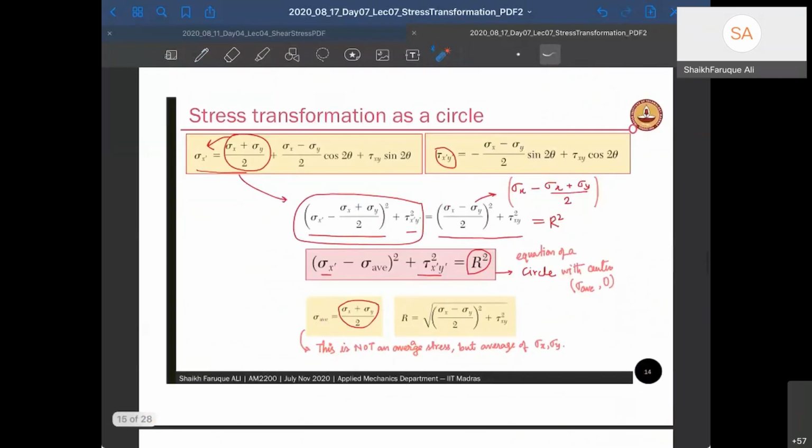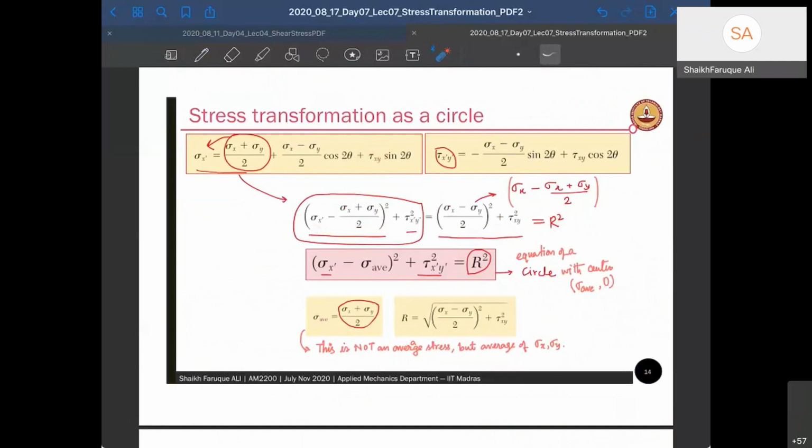Also, we said there was an interesting finding: if you take sigma x dash minus the average stress along a plane, and then add the square of the shear stress, you get a constant. And that constant we call r, the radius.